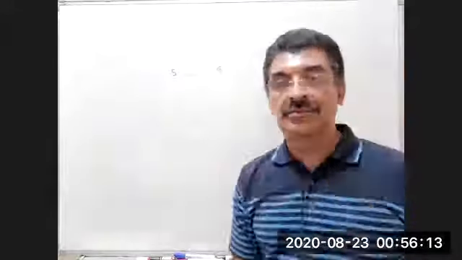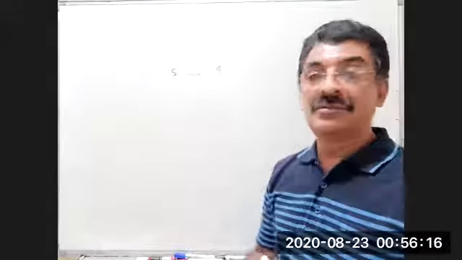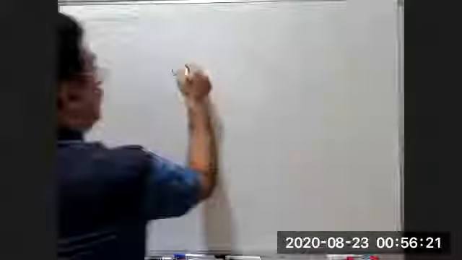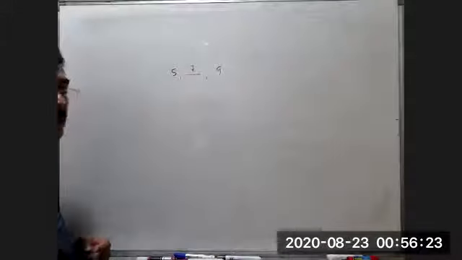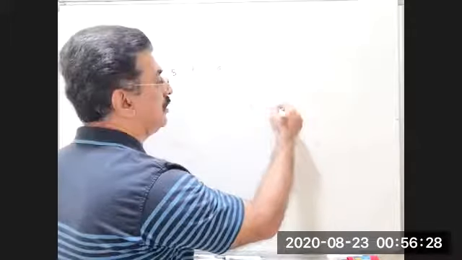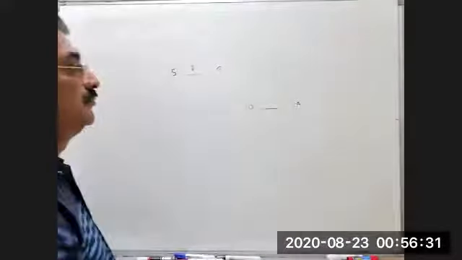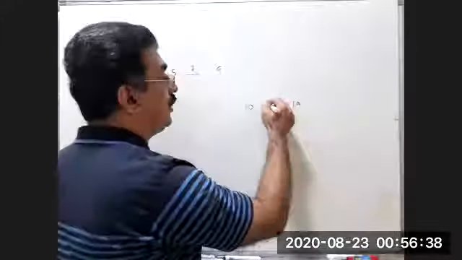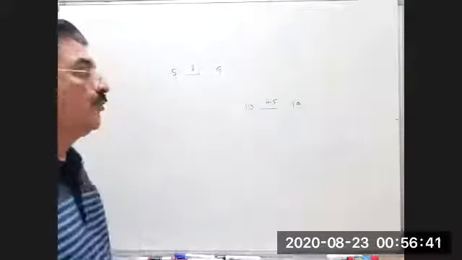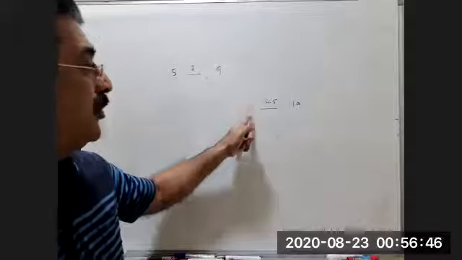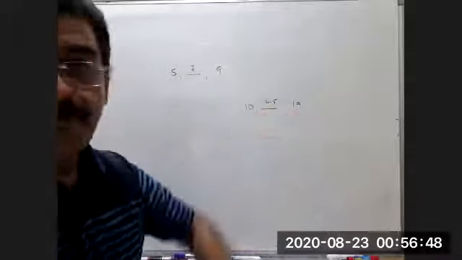Which is that number? Definitely it is 7. 5, 7, 9. Similarly, 10 dash 19. Which is the number which comes in between? It is 14.5. 10, 14.5, 19. You can see these three numbers are in AP because the difference between first and second is 4.5, same as this one.